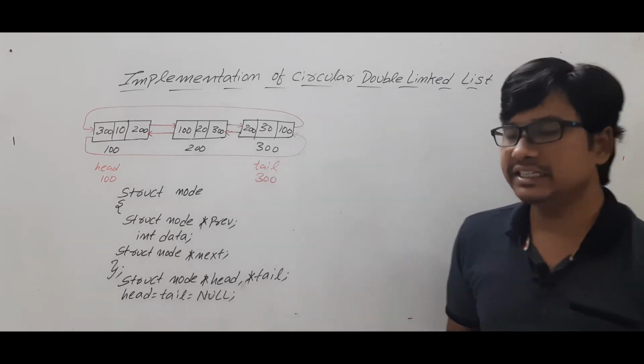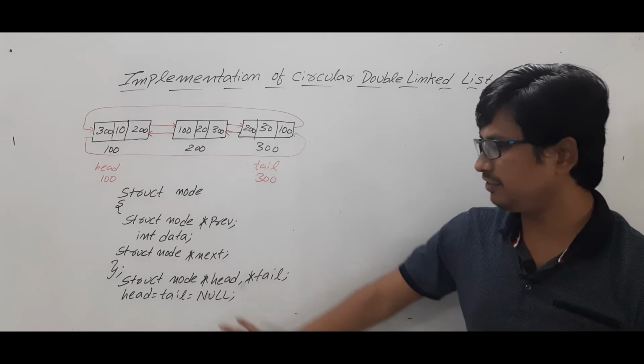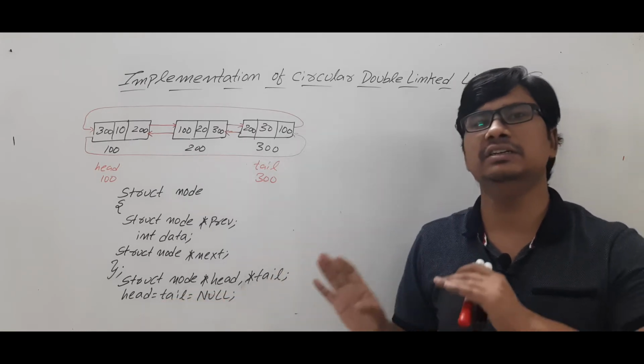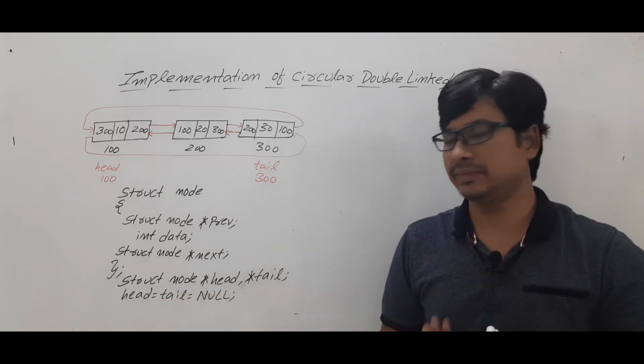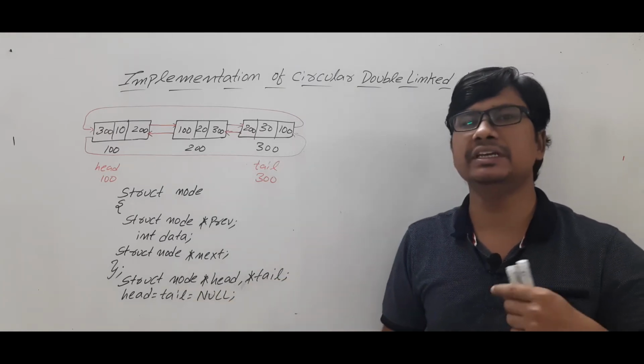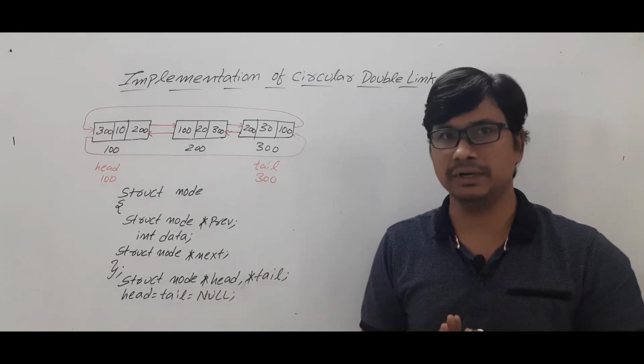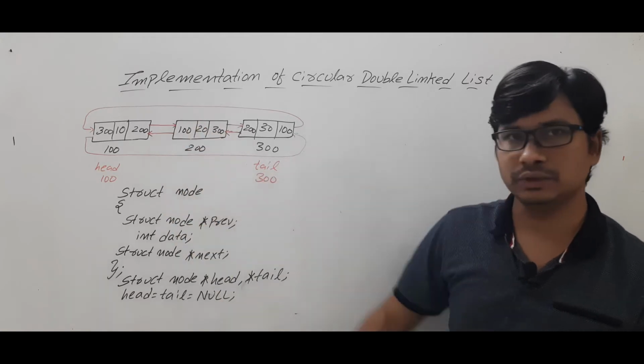Now, initially head and tail will be null. If initially head and tail are null, it means that the list is empty. The circular double linked list is empty, meaning there are no nodes in the circular double linked list. I hope you have understood the introduction.